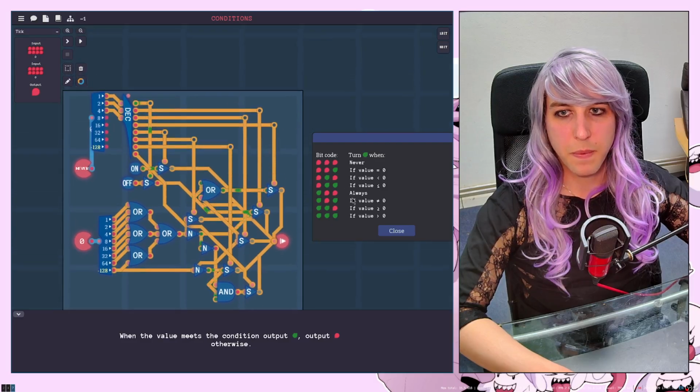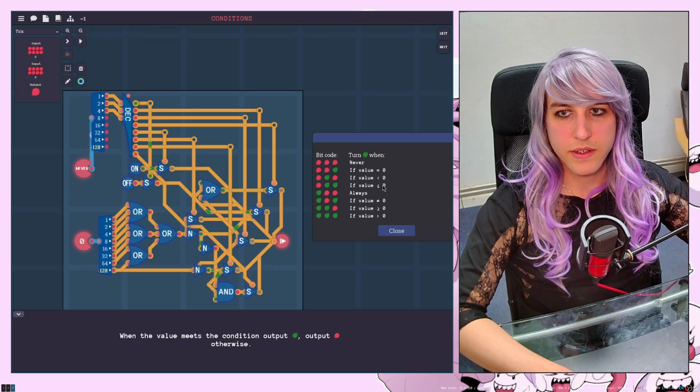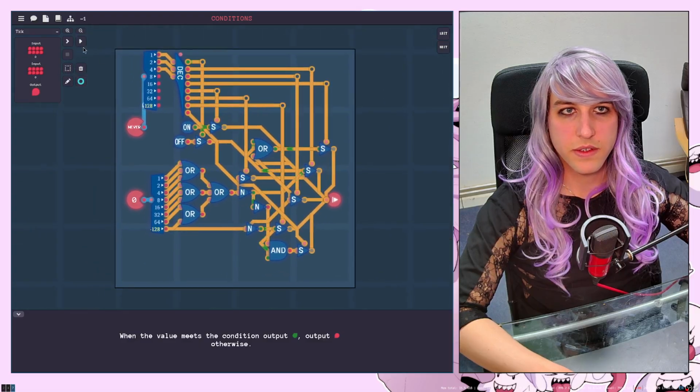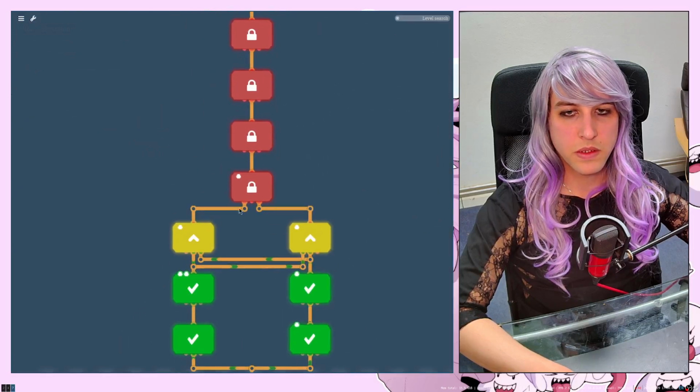Maybe we can use color codings so we can better orient ourselves in these levels. So it's less, right? Oh no, this is less than 0. We cannot orient ourselves on this. I'm gonna have to build it anew.